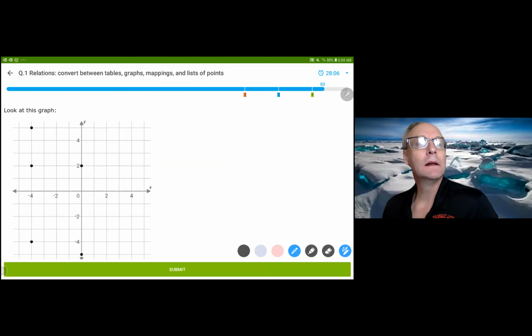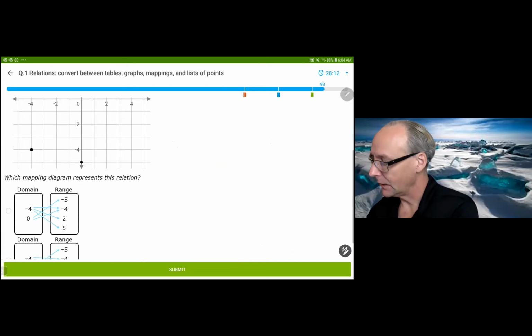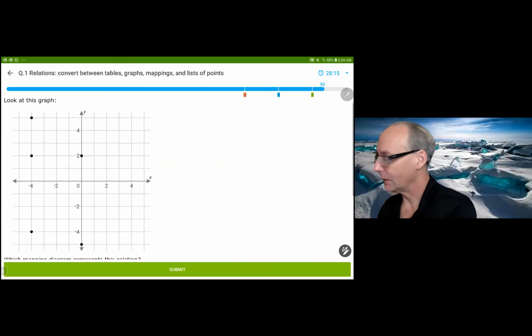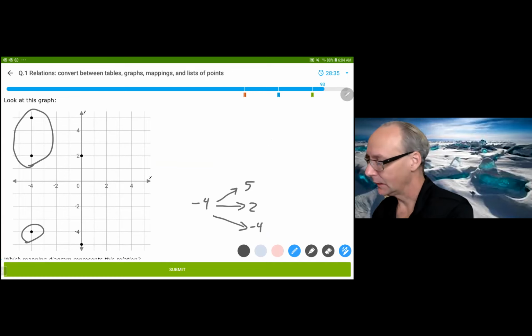Alrighty then. Look at the graph. Let's see what's going on. Oh, we just have to choose. Okay. So our problem child here, the one that makes this a non-function, is this guy right there. Notice that negative 4 is going to 3 different places. Negative 4 is going to 5. It's going to 2. And it's also going to negative 4. And then our 0 is going to 2 different places. It's going to 2, and it's also going to negative 5.